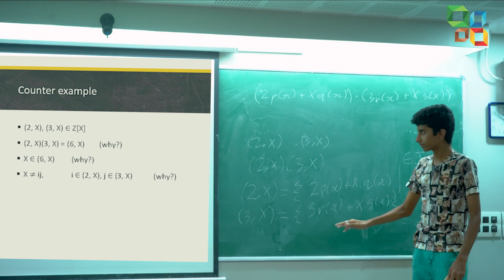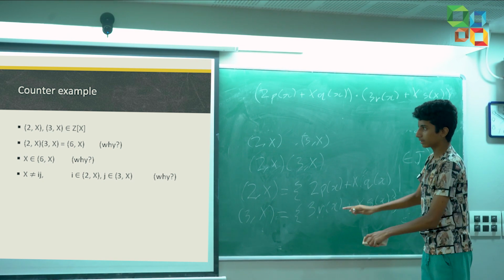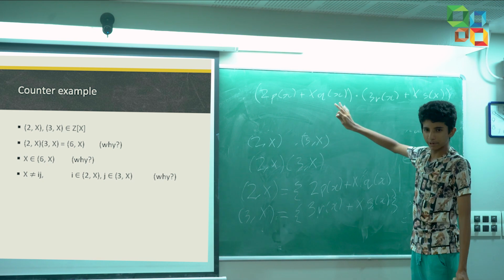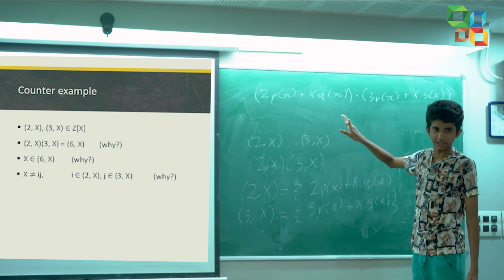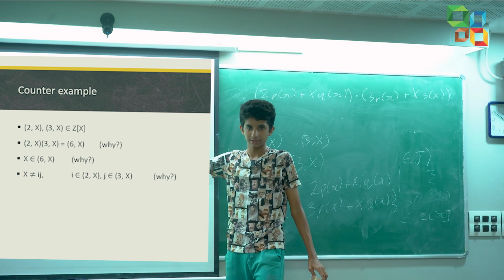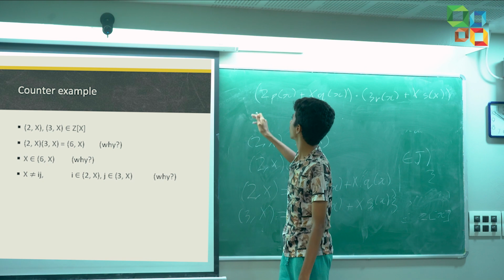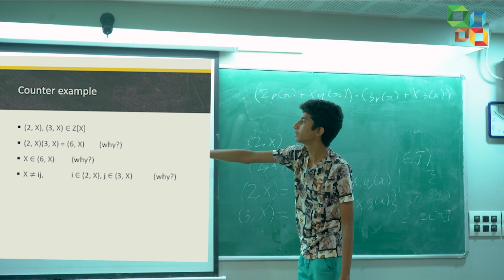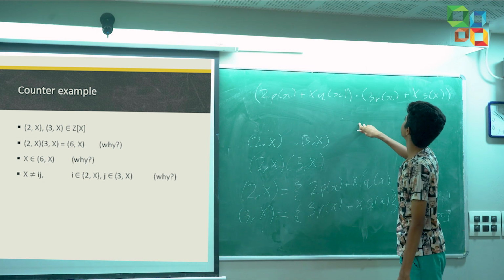What is the goal now? We take two elements from this, we multiply, and we try to characterize it algebraically. Then you see x belongs to (6, x).